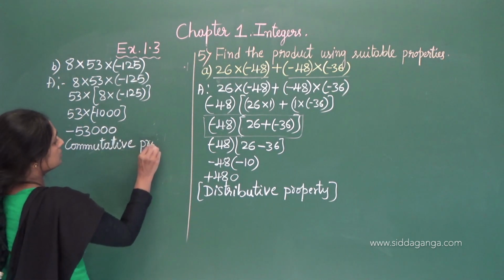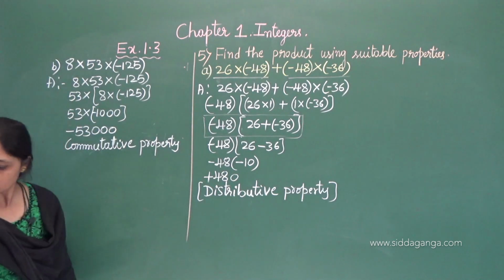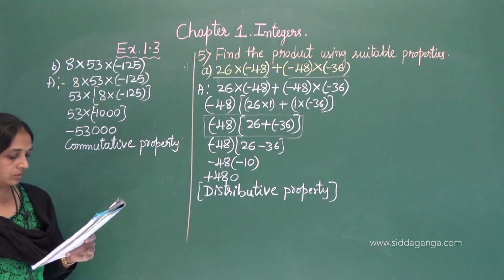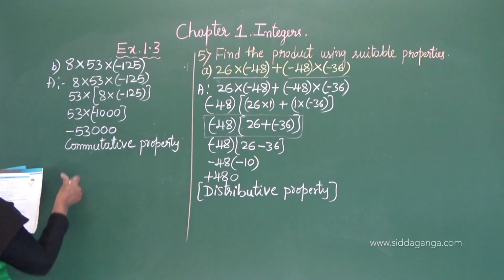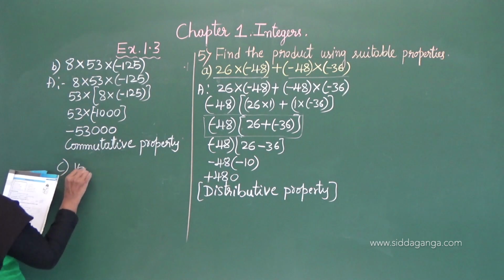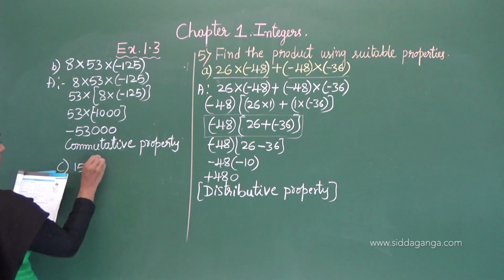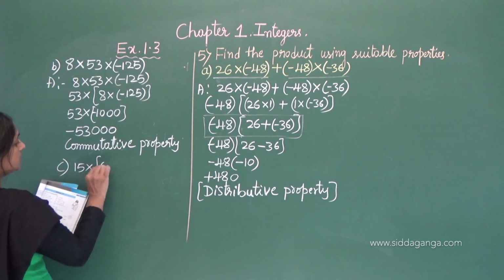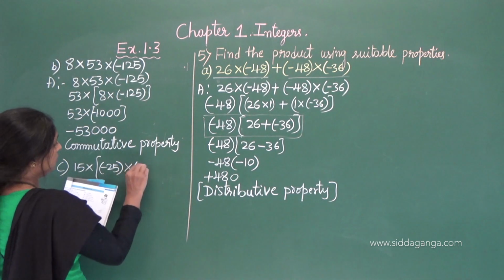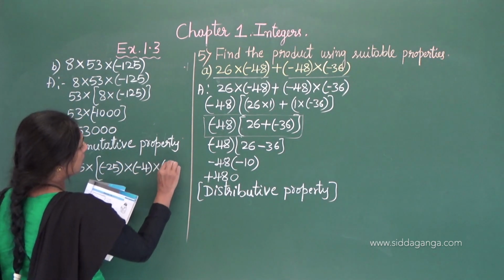Commutative property. Okay, go to C. You take down C as your homework, that is 15 into minus 25, minus 25 into minus 4 into minus 10.